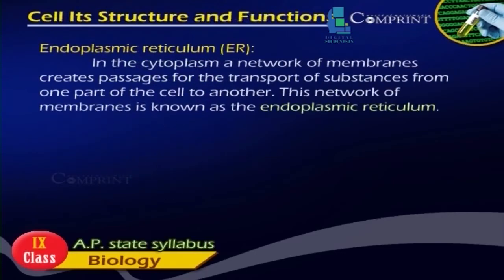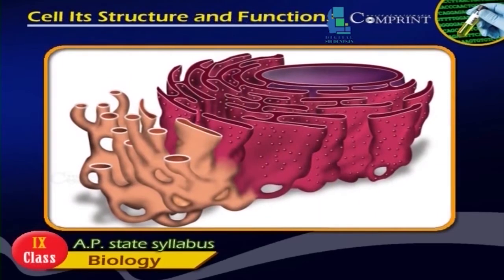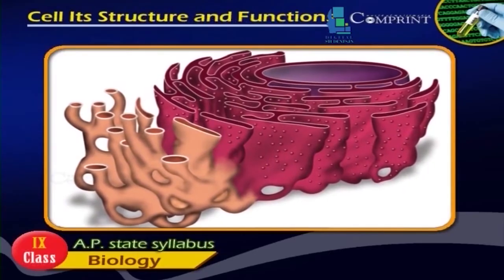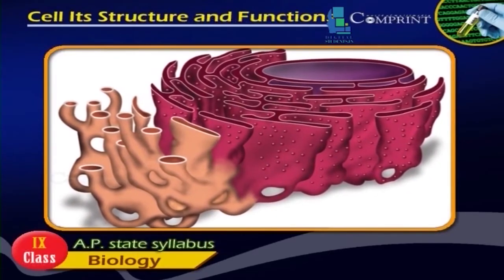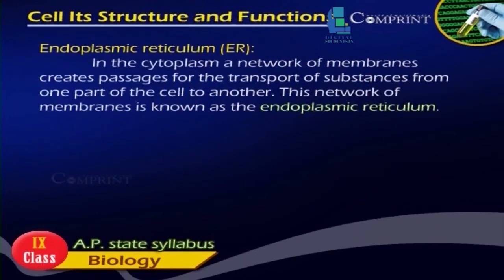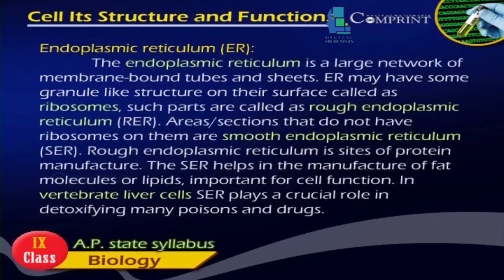Endoplasmic reticulum. In the cytoplasm, a network of membranes creates passages for the transport of substances from one part of the cell to another. This network of membranes is known as the endoplasmic reticulum. The endoplasmic reticulum is a large network of membrane-bound tubes and sheets.